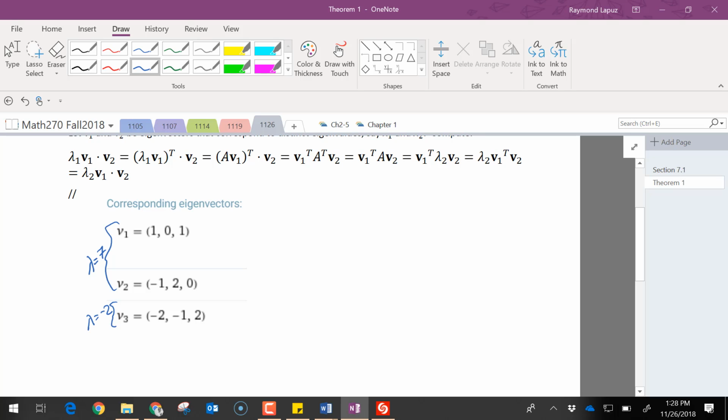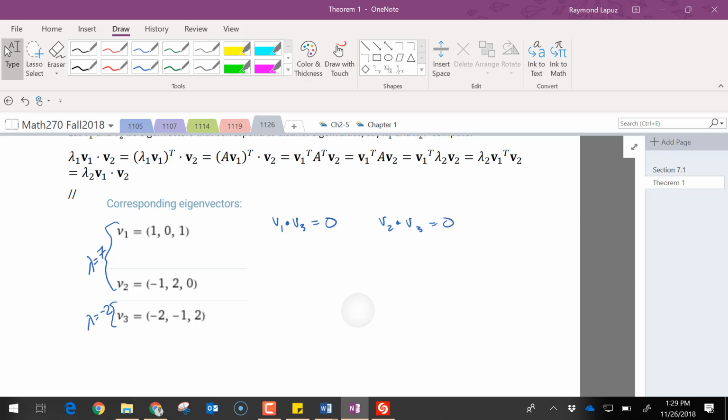Now, if you take the eigenvector from lambda equal to -2 and check that with the other two vectors, you'll see that v1 dotted with v3 is equal to 0, and v2 dotted with v3 is also equal to 0. They come from two distinct eigenvalues, the -2 and the 7.